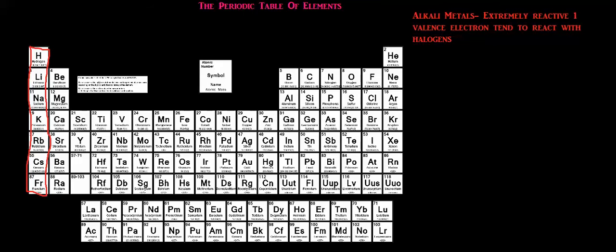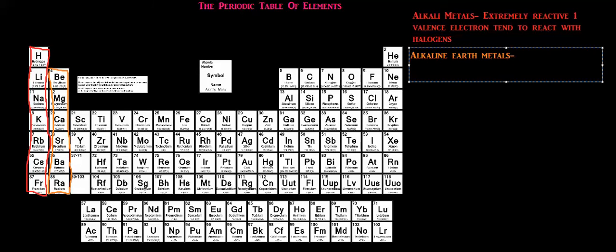So let's do our alkaline earth metals in orange. Okay, so our alkaline earth metals are less reactive than alkali metals because they have 2 valence electrons.